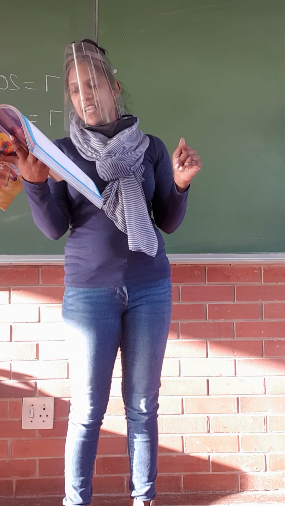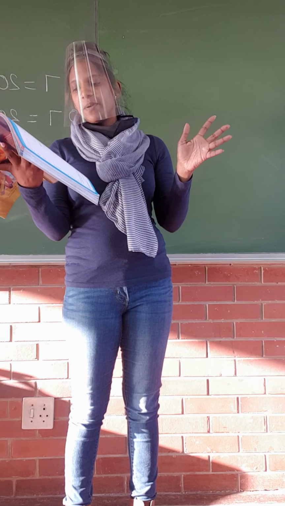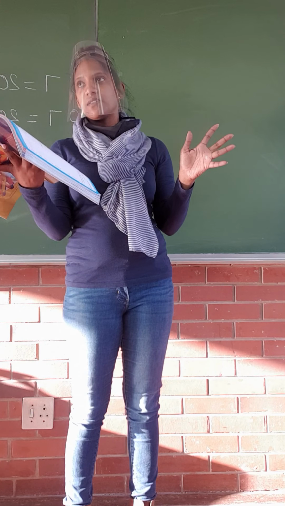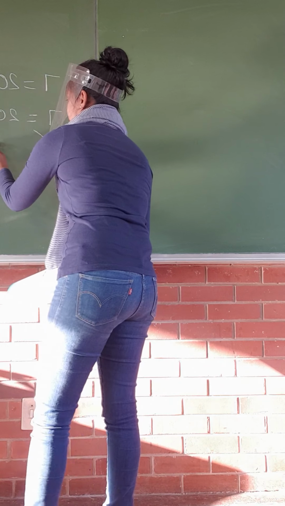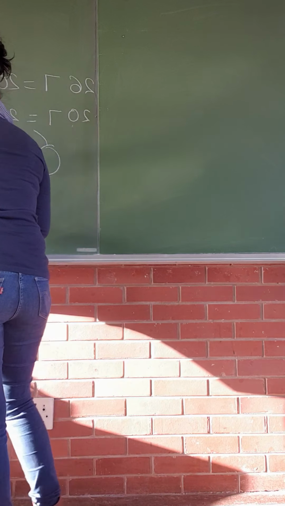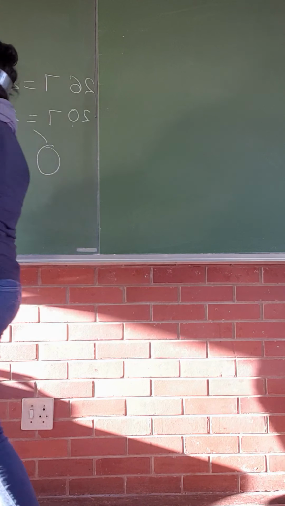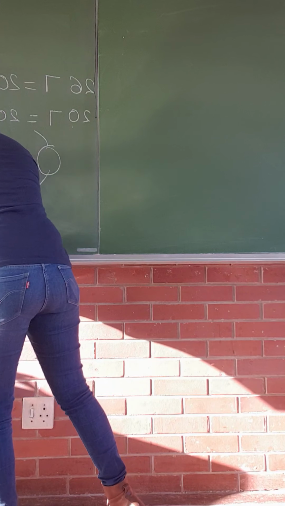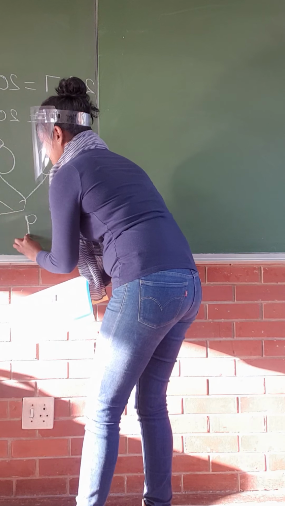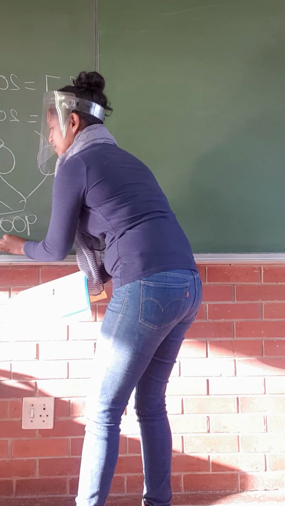And then number 11, the mass of 5 pairs is 900 grams. 1, 2, 3, 4, 5. All together on the scale, they weigh 900 grams.